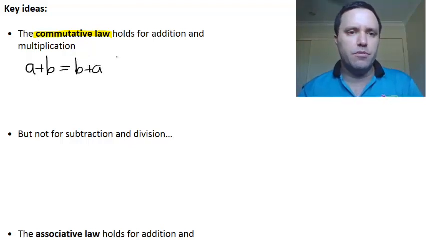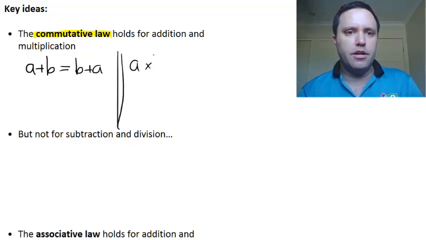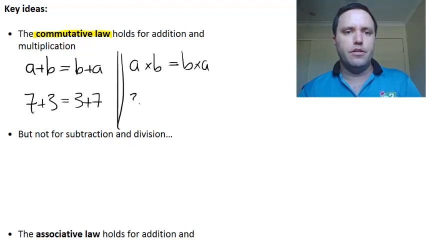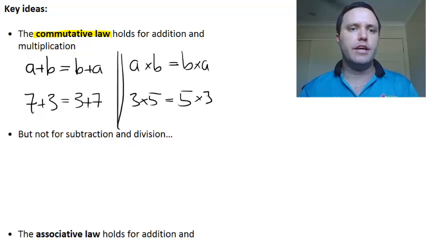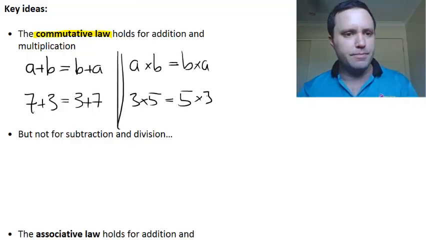That's what it means to commute. Same thing with multiplication: A times B is the same as B times A. Let's see an example. 7 plus 3 is 10, and 3 plus 7 is also 10. 3 times 5 is 15, same as 5 times 3. So exciting, but it's a really important concept.